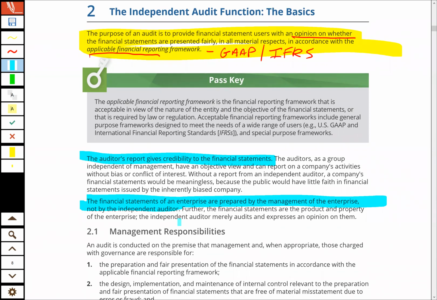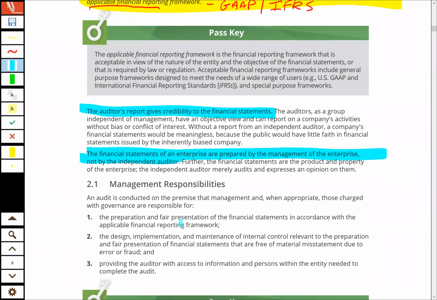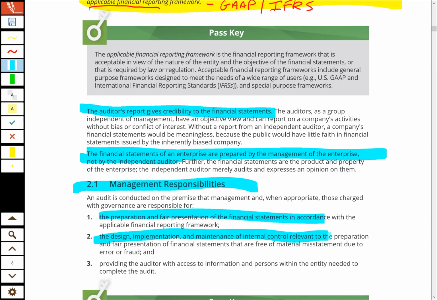Now we remind you management prepares the financial statements, and they are also responsible for design, implementation, and maintenance of the internal control. Internal controls are the things that help to prevent and detect error and misstatement in the financial statements. And that's all management's responsibility.